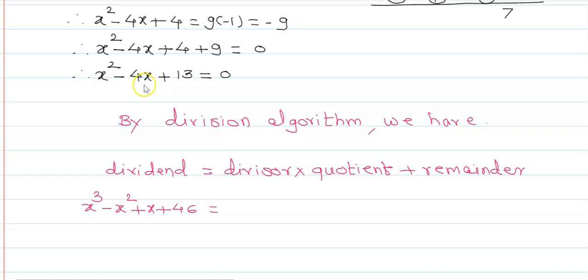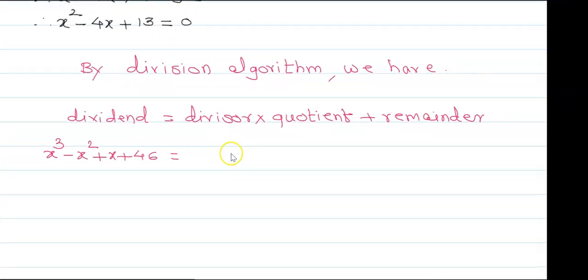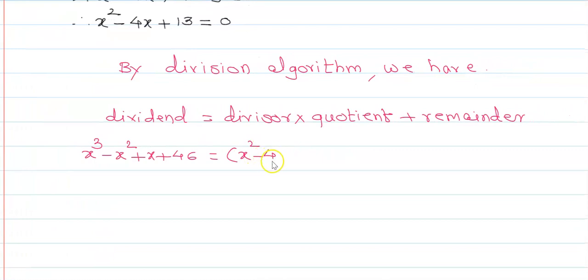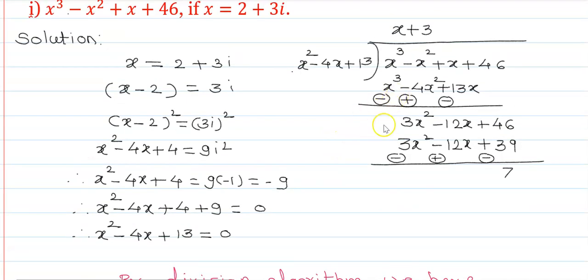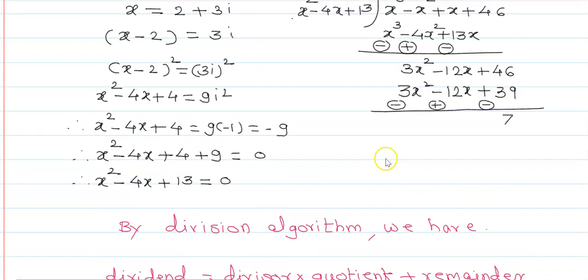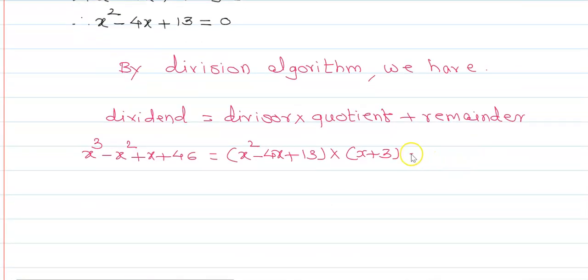Divisor is x square minus 4x plus 13. And what about the quotient? Quotient is x plus 3. And here x plus 3 plus remainder. What is the remainder?